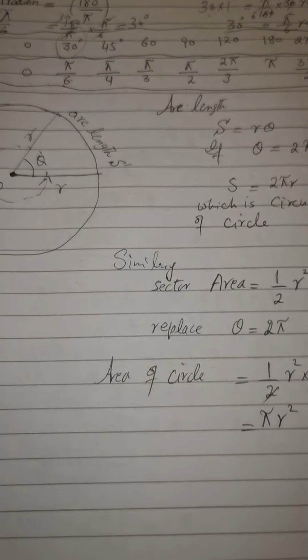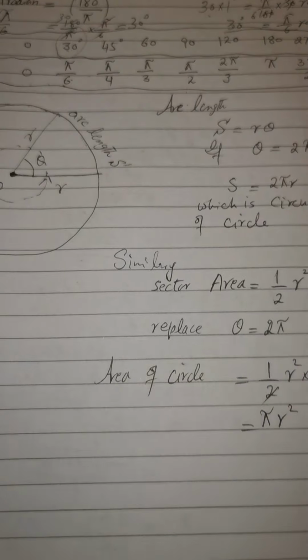If I represent the arc length by s, then s is equal to the radius multiplied by theta, the angle. So radius multiplied by angle will give you the arc length.